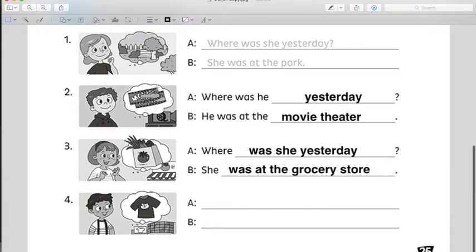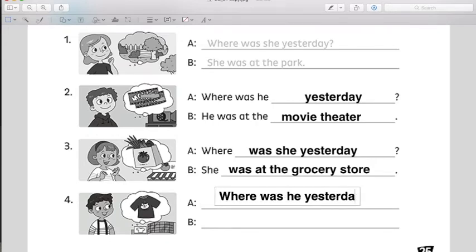And then last one, number 4. What is the full sentence? We cannot forget. This is our main key structure sentence. Where was, is it a boy or girl? So it's a boy. Where was he yesterday? And don't forget the question mark. Where was he yesterday? Take a look at that picture where he was buying a shirt. Where did he go shopping for clothes?